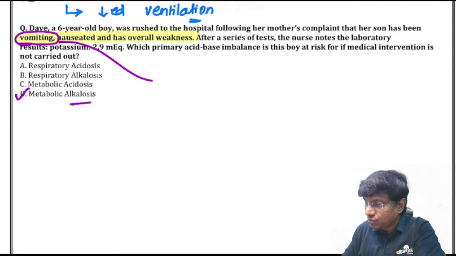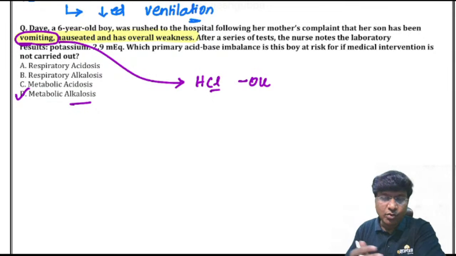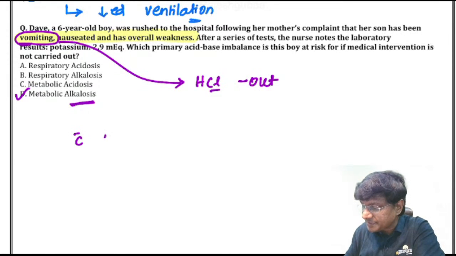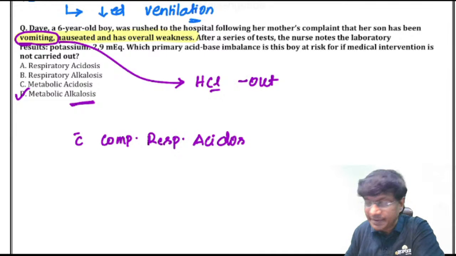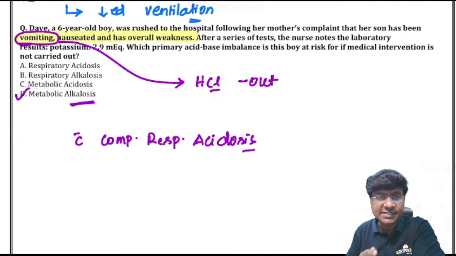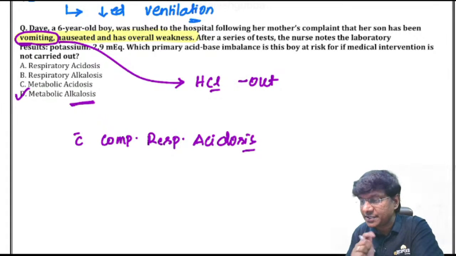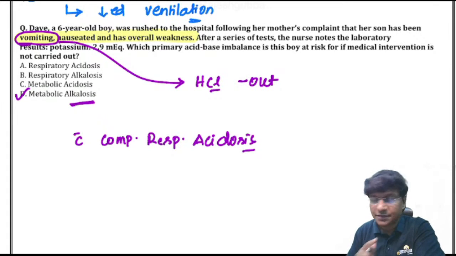In an individual who is continuously vomiting, we anticipate that the HCl is lost, and what is left is alkali. That is the reason we consider that the patient has metabolic alkalosis as the primary acid-base imbalance. Then what will be the compensatory event? With compensation, respiratory acidosis will be there, but the primary acid-base abnormality will be metabolic alkalosis. So the answer to this question is D, it is not C.